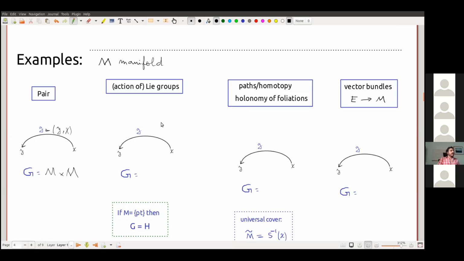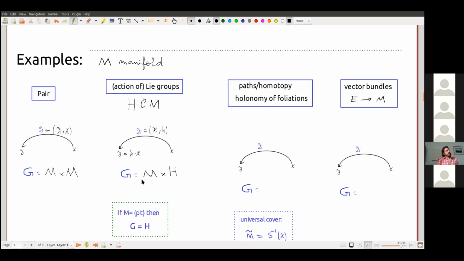This is more interesting. Suppose that you have a Lie group H acting on a manifold. So the idea is you consider pairs X and let's say H. And well, you think that the arrow starts at X, but it ends at the action of H on X. So as a set it is a Cartesian product, but it has this groupoid structure.